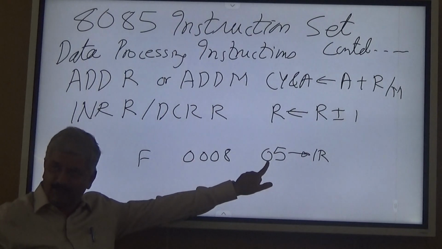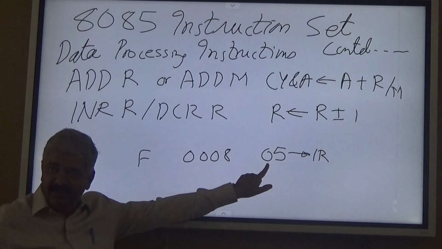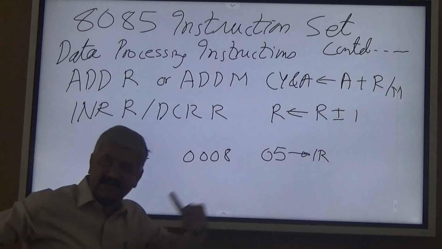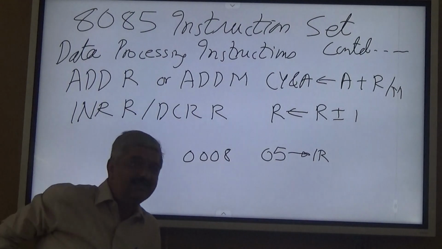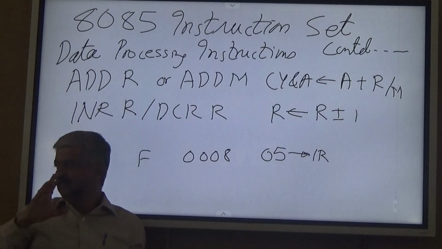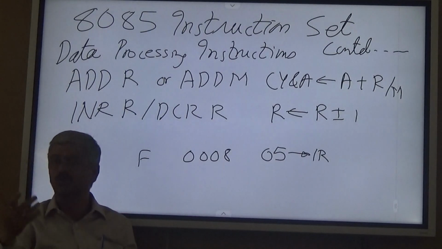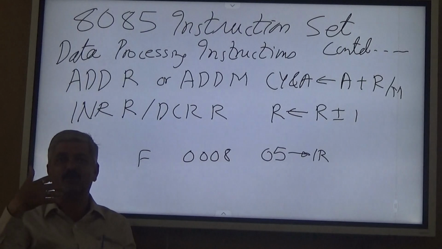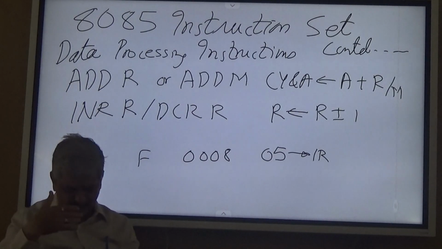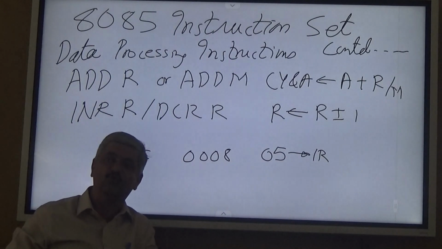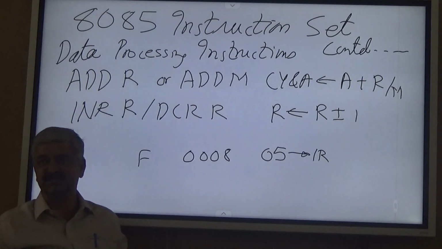Instruction is 05, which is decrement B. What are you doing? It goes to IR. Now can anyone stand up and explain what 8085 will do when 05, which is the opcode corresponding to decrement B, goes to instruction register.